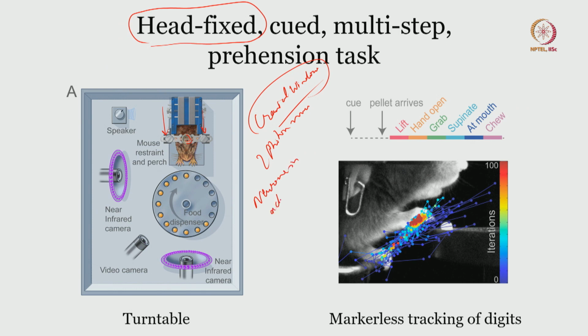You are trying to study the neuronal activity while the rat performs various tasks. That is the beauty of this head-fixed cue multi-step prehension task. Prehension is basically grabbing the food pellet. The task is similar to the single pellet retrieval task or Whishaw test, except that here the rat's head is fixed to the cranial window, and the microscope is used to visualize the neuronal activity.